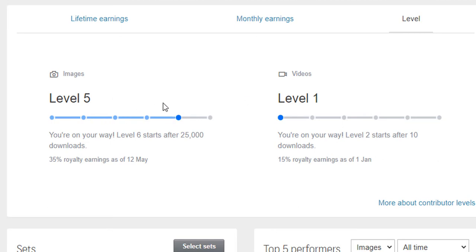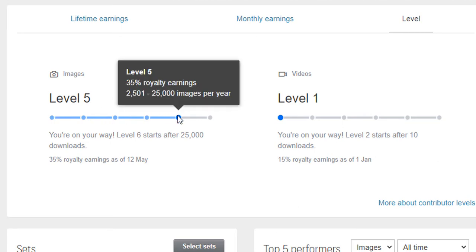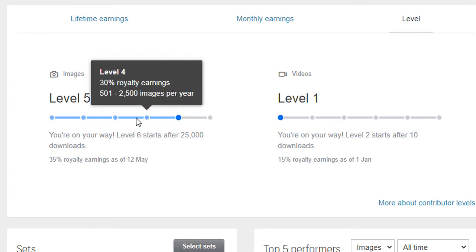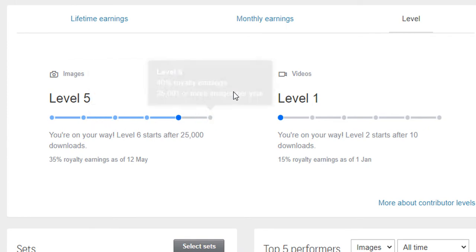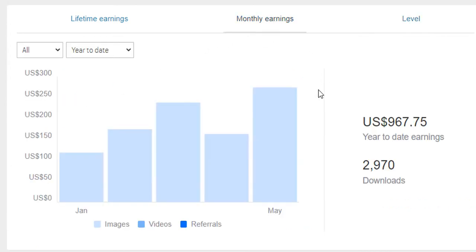So it took me 4 months to reach level 5, and I'm not expecting to reach level 6, because it's a huge gap. Level 5 can be acquired with just 2500 downloads, and from 2500 downloads to 25,000 downloads, it's a huge gap, and it does not make any sense. Anyway, this is the highest I'm hoping to achieve every year.